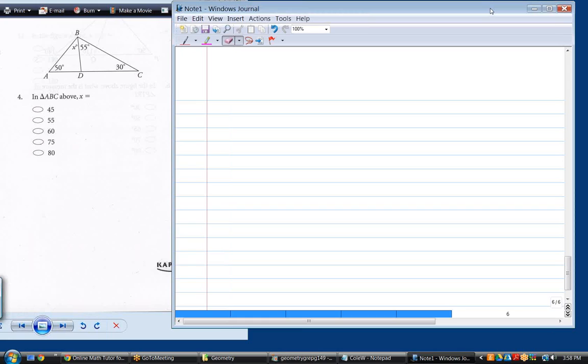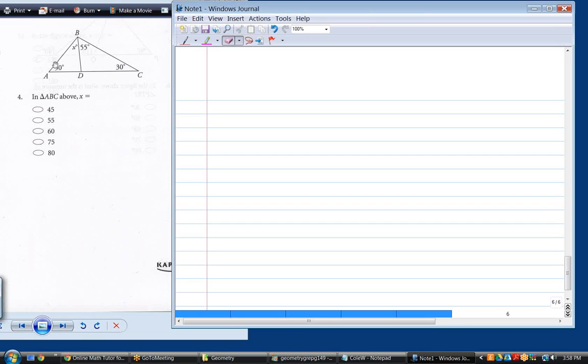What's x in this one? There are actually three triangles in this drawing. There's this triangle, there's this triangle, and then there's triangle ABC. You need to be able to view all three triangles to solve it. What's angle ABC equal to?